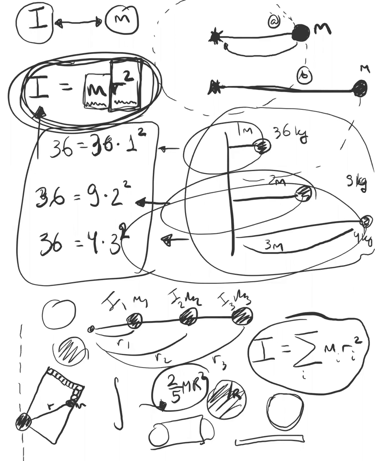To summarize, it would be nice if you knew how to compute moments of inertia for arbitrary bodies, but you're not going to need it for this class. Every time you have a body and you need its moment of inertia, you can just look it up in the table.